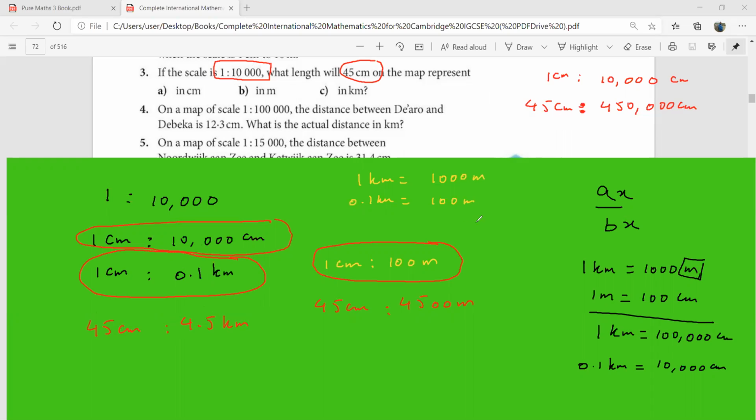In meters, this would be 4,500 meters, and in kilometers, the same would be 4.5 kilometers. So you have to see that using the proportion here, using that direct ratio, the direct proportion here, we are converting between the map and the length on the ground. Okay?